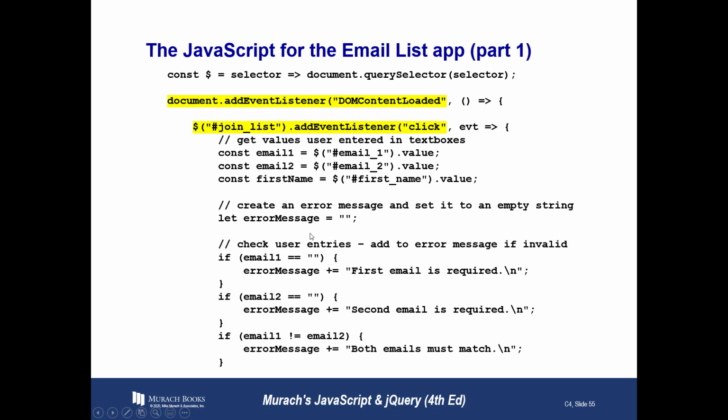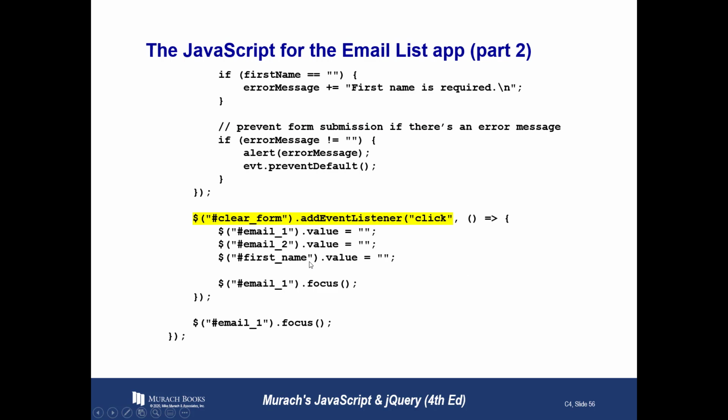The difference is, as we do those, we're now using DOM-centric code and event handlers. So when we click the clear form, we're telling it when the thing with the ID of clear form is clicked, we want to run that routine.